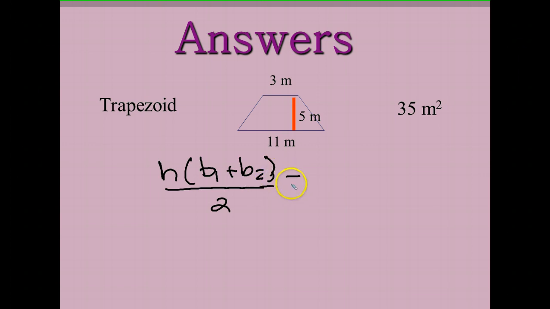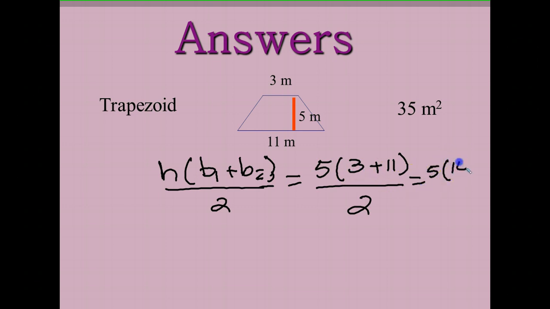So the height will be 5 times 3 plus 11, and then we divide this whole thing by 2, and we end up here with 5 times 14 divided by 2. That will be 70 divided by 2, and we get 35.